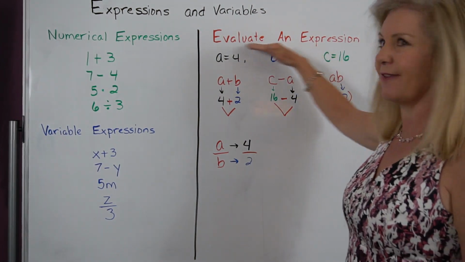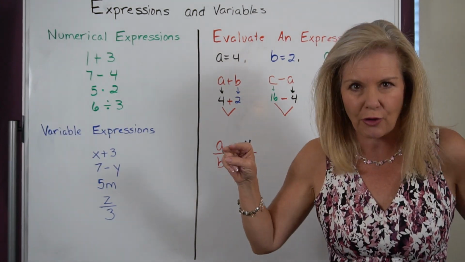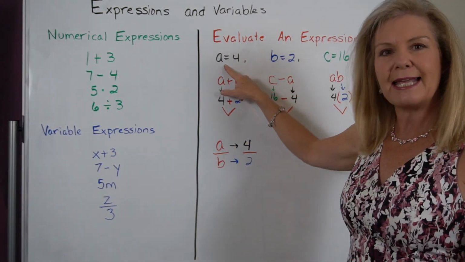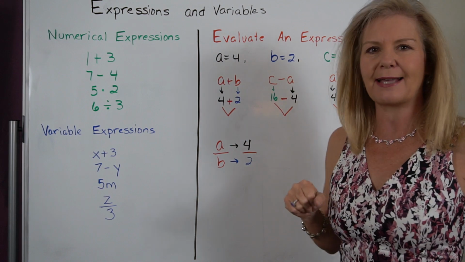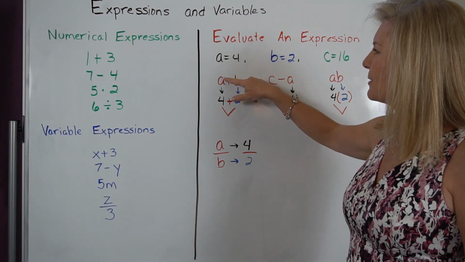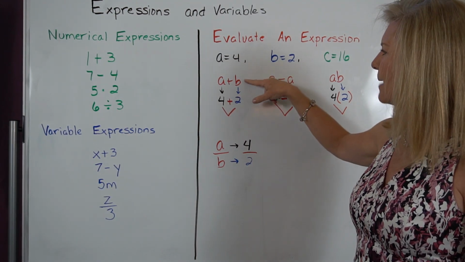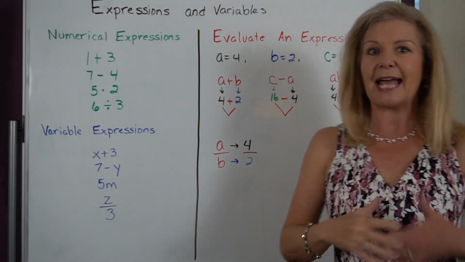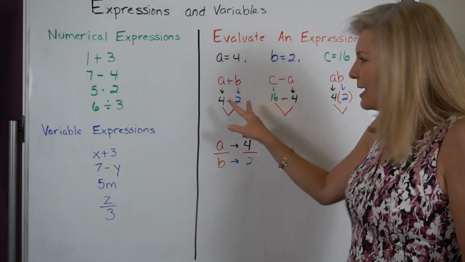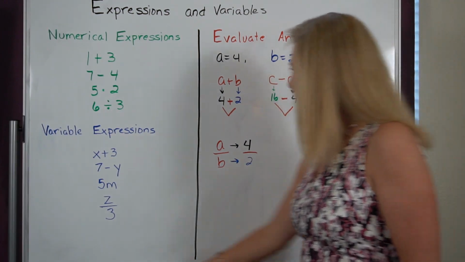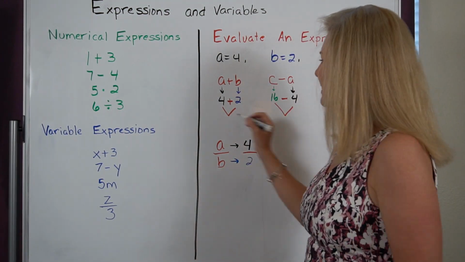Now, if I'm going to evaluate, which kind of means solve, I need to replace the variables with the number that's hiding behind it. So here you can see I took my A and I replaced it with 4. I took my B and I replaced it with 2. As soon as we do that, well, then we can solve it. And we know that 4 plus 2 equals 6.